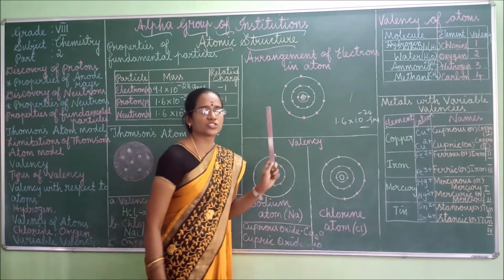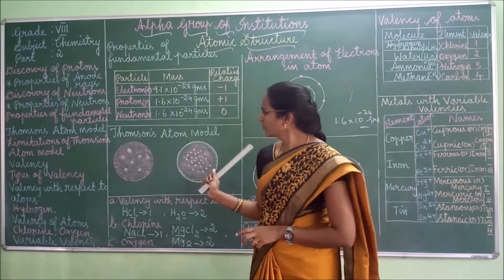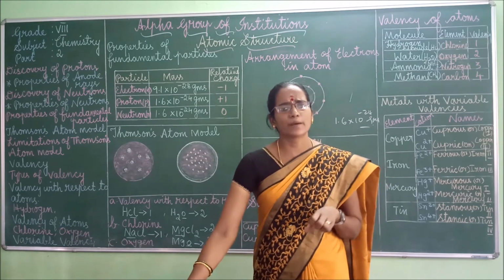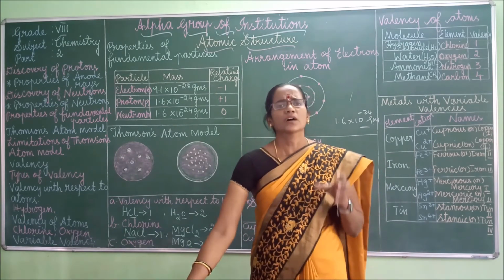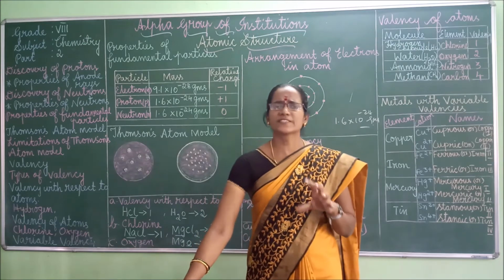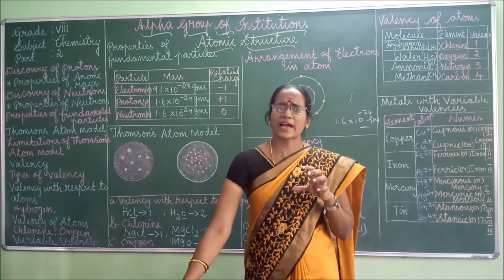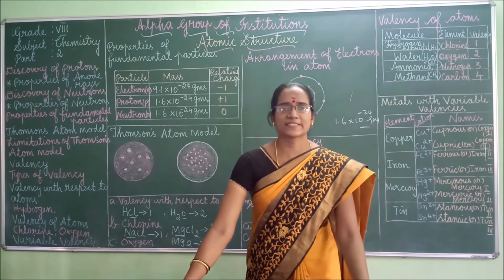Got it? Right. So next, when molecules are combined in a fixed proportion, why? Because atoms have different combining capacity.